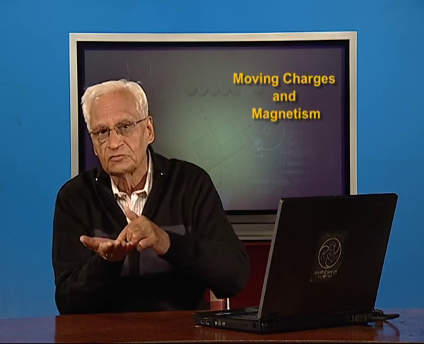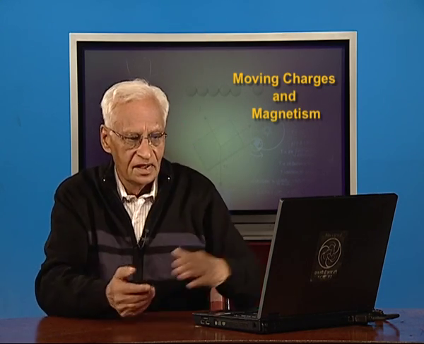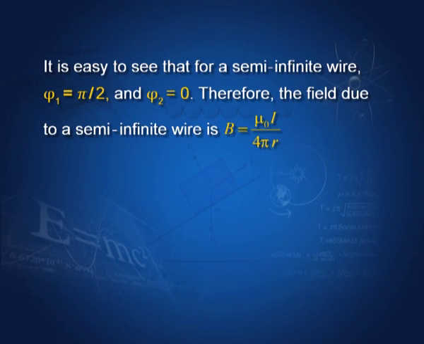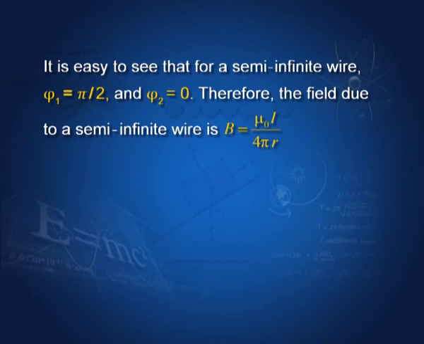A semi-infinite wire goes from 0 to infinity, and for it phi 1 goes to pi by 2. You see, in this direction this angle goes on increasing till it becomes pi by 2 and this angle becomes 0. So, we can substitute these values and we get the result mu 0 I by 4 pi r.